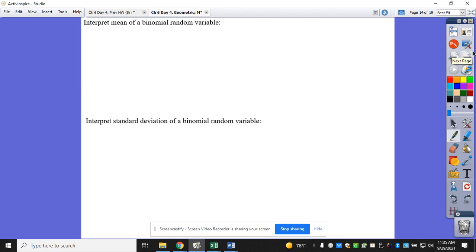Alright, so interpret. We are just very slightly tweaking our interpretation for the mean sentence that we already have. What does our other interpretation for mean start with? If something were randomly selected.